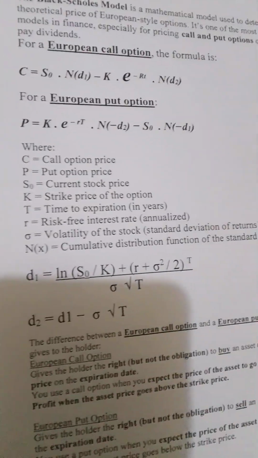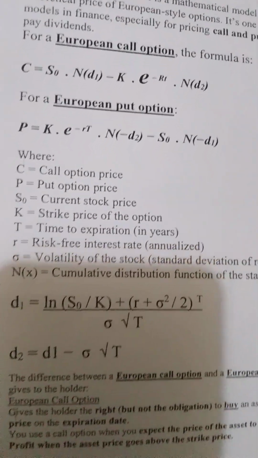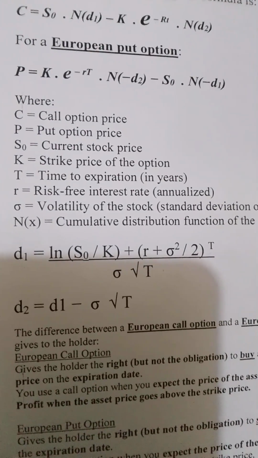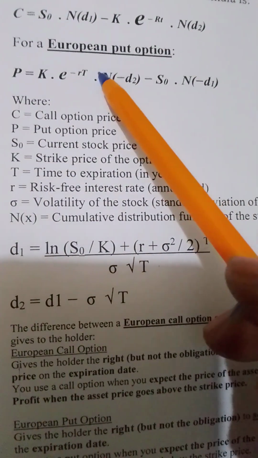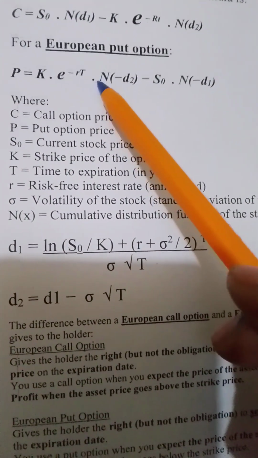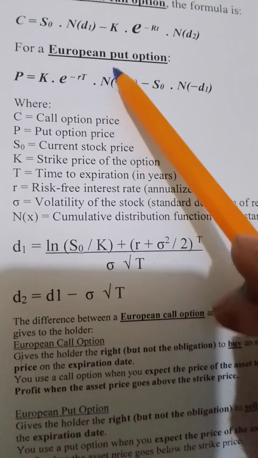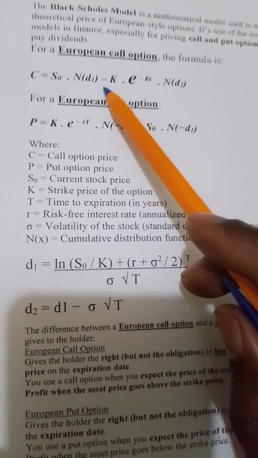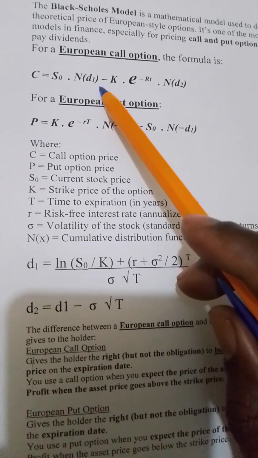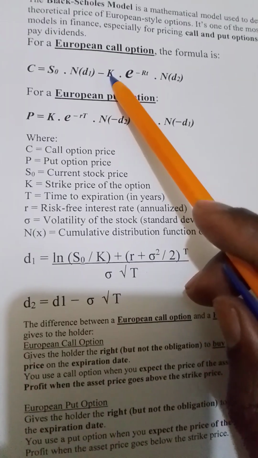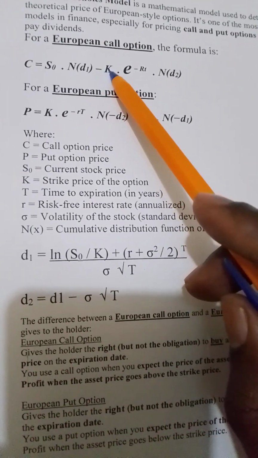You can open the next page. But before you move to the next page, make sure you understand this part. You can write it somewhere. Not this part, but the first one, because you are calculating the price of a European call option.